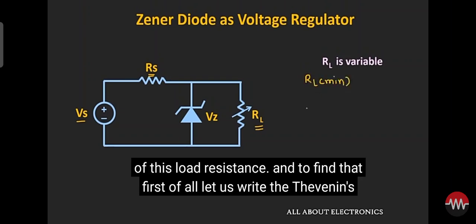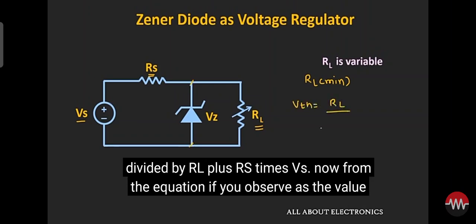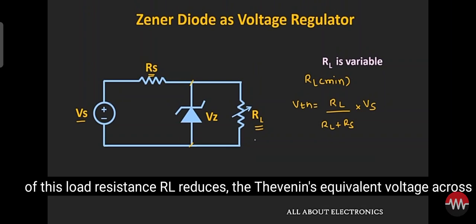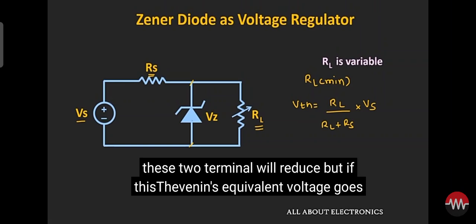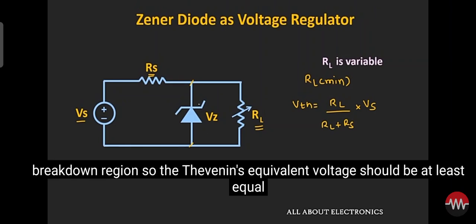To find that, first of all, let us write the Thevenin's equivalent voltage across this Zener diode. So this voltage VTH can be given as RL divided by RL plus RS times VS. Now from the equation, if you observe, as the value of this load resistance RL reduces, then the Thevenin's equivalent voltage across these two terminals will reduce. But if this Thevenin's equivalent voltage goes below this voltage VZ, in that case this Zener diode will come out of the breakdown region.